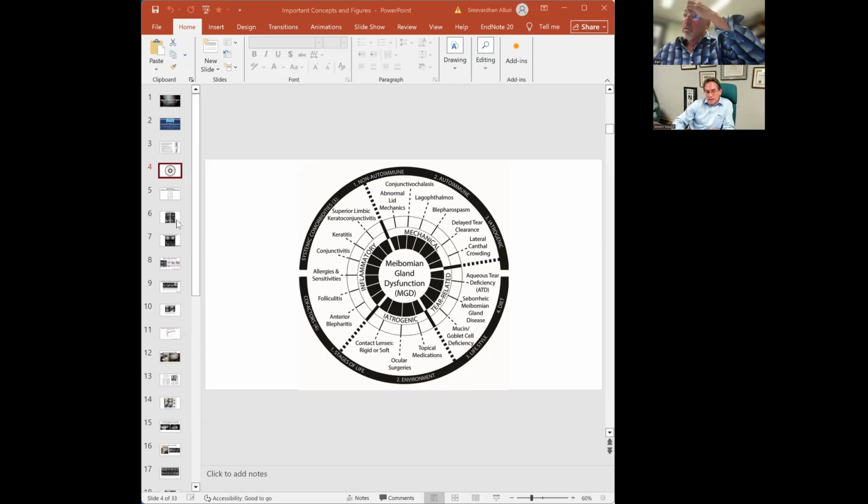I concluded I needed to find a way to get inside the gland and maybe learn something to help patients that were suffering despite the conventional treatments. Conventional treatments being lid hygiene, like warm compresses, lid scrubs, as well as steroid medication, antibiotic medication. So many patients, these traditional approaches were not working. So I decided maybe the answer lay inside the gland.